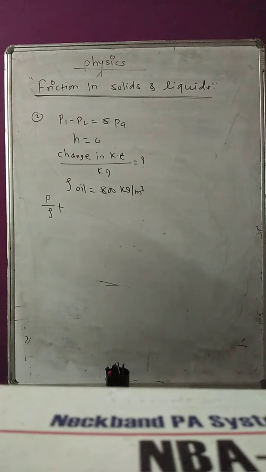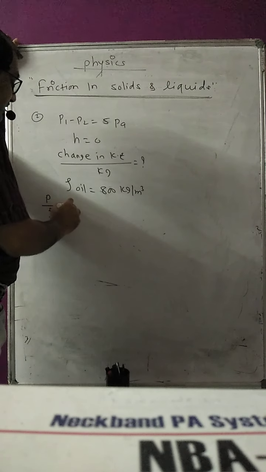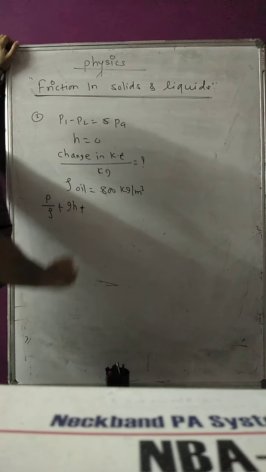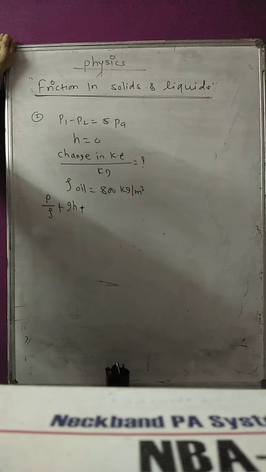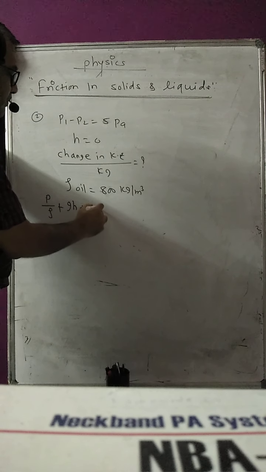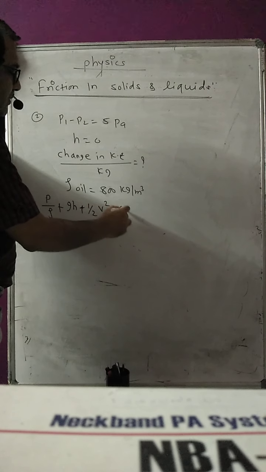Then potential energy per unit mass, mgh, the m gets cancelled, gh. And last but not least, kinetic energy per unit mass, 1/2 v square, is equal to constant.